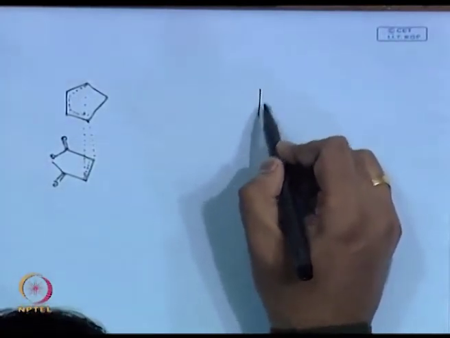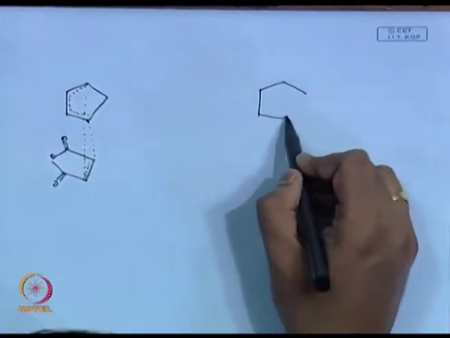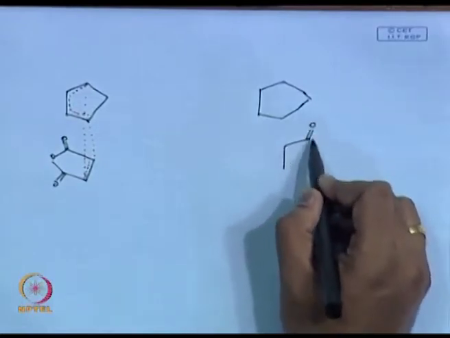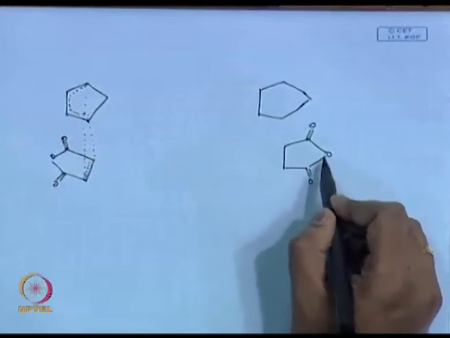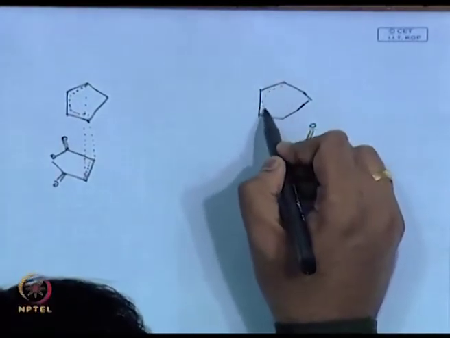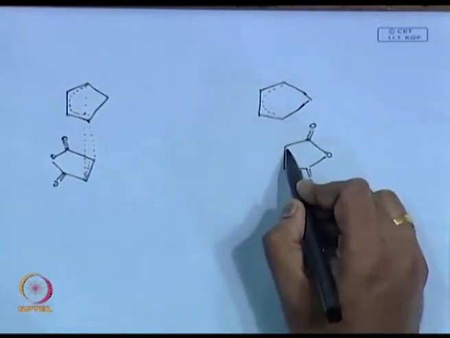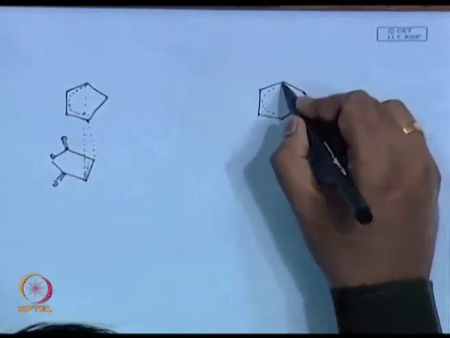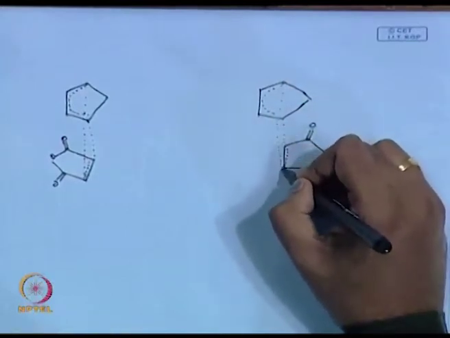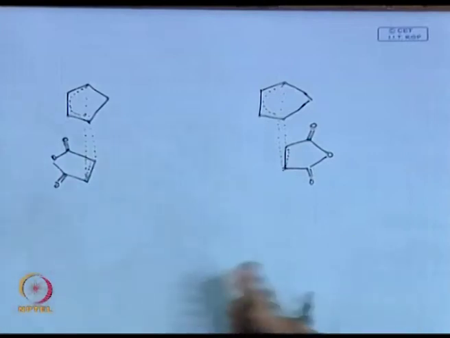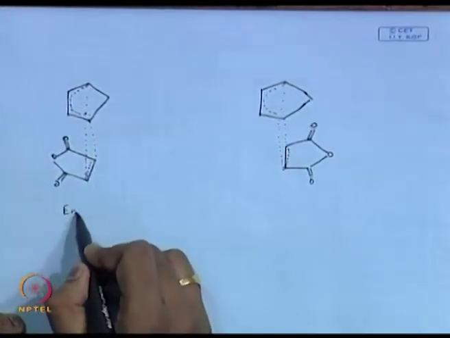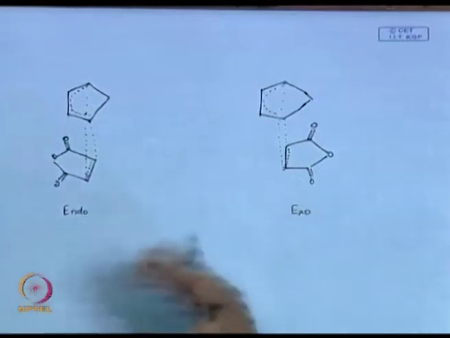But in the same way if you look at your exo also, if I draw my exo, so both the ways you can say that it has been bonded, but the advantage in the case of endo across exo is that this is the more stable transition state.